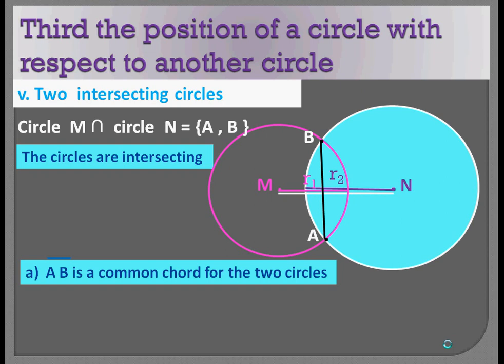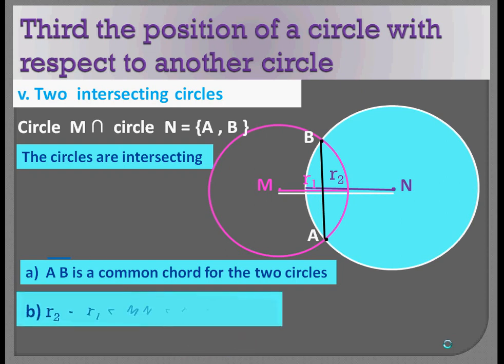The line of centers MN is the perpendicular bisector of the common chord AB. And we can say that MN is greater than R1 minus R2, or R2 minus R1 according to the greater, and smaller than R1 plus R2.